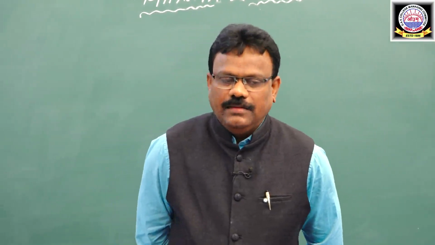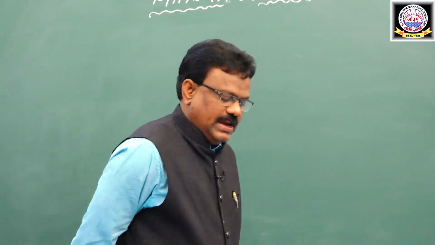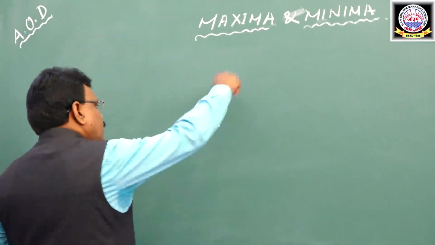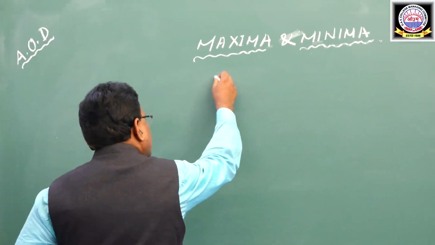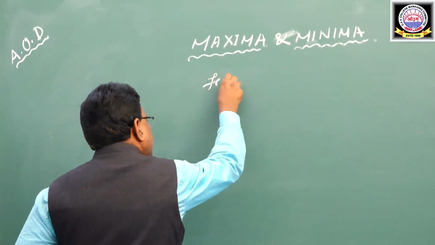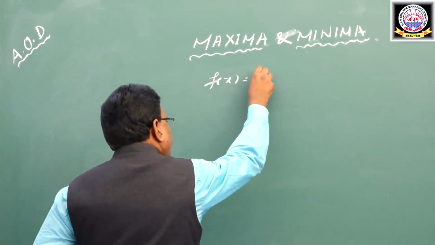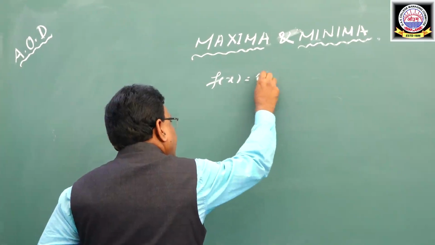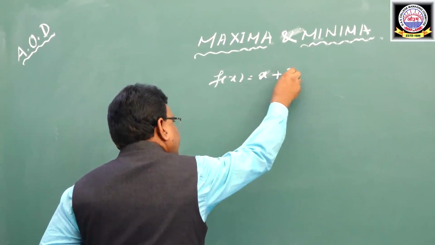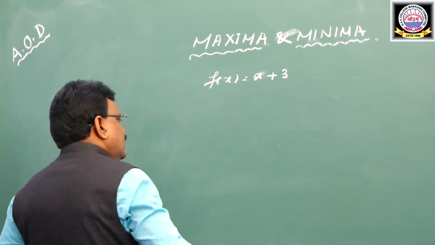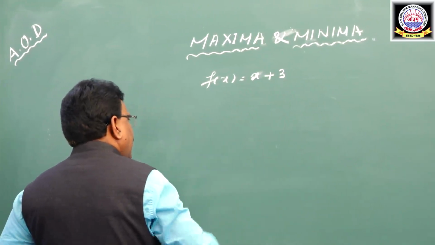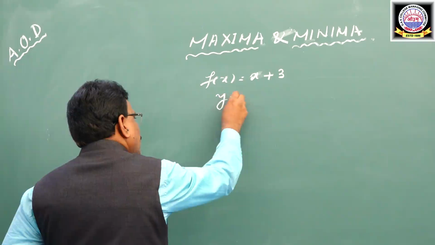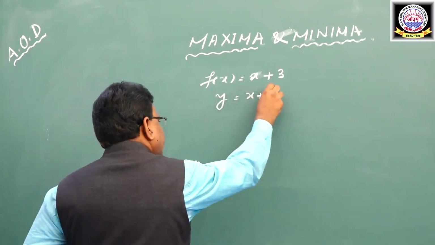Suppose I show you a small graph. Suppose you take a function, f of x is equal to x plus 3, and I want to see the graph of this function, that is y is equal to x plus 3.